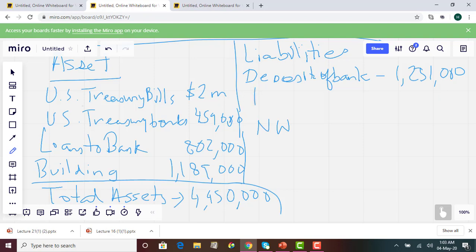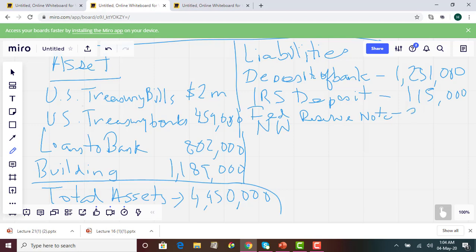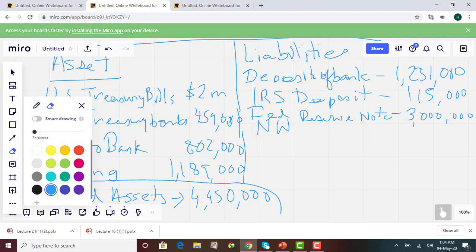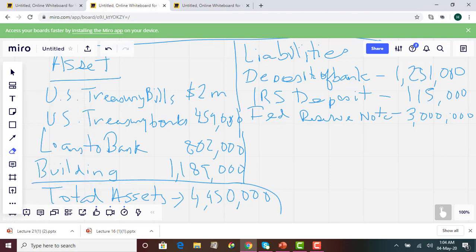Then let's say the IRS or Treasury Department has a deposit account with them, and that is a liability for the Fed because they have to pay it back, and let's say that's 115,000. And lastly, remember the Federal Reserve note, the currency in circulation. That is always a liability to the Fed, and let's say that's 3 million, assuming. So that's it. Okay, so that's the liability.